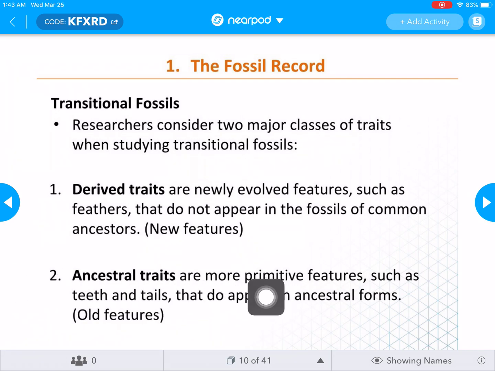These are things like teeth, tails, and other features like that, or like claws. These are things that your ancestors had and they passed it on towards other generations, and they have been around for a long time. Derived traits are things that are new.